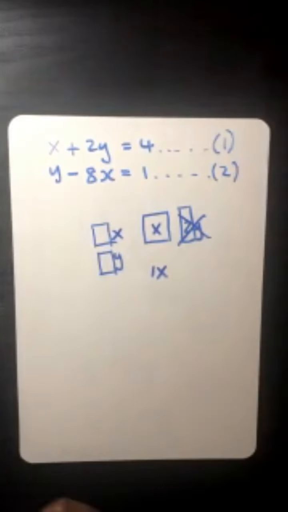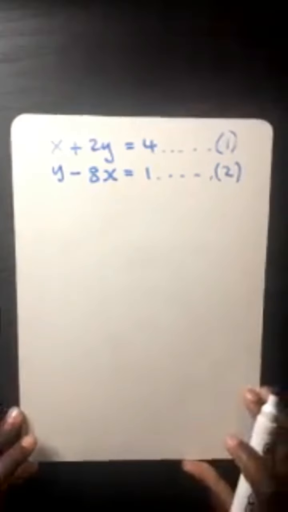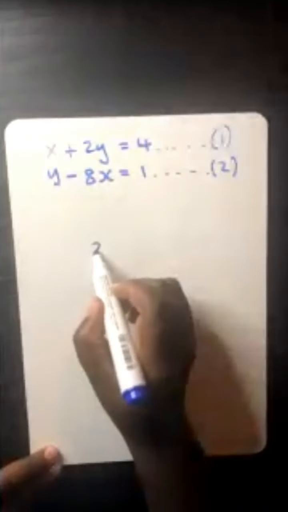If you have those types of unknowns in both equations, then both equations are simple or easy to work with. For example, there you've got a 1x, and there you've got a 1y.